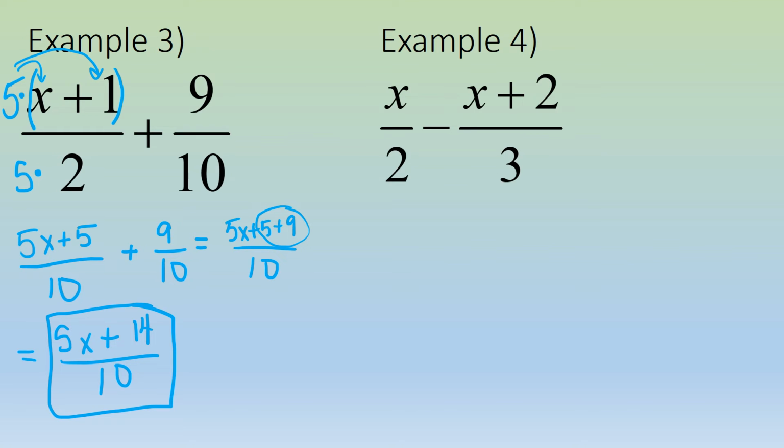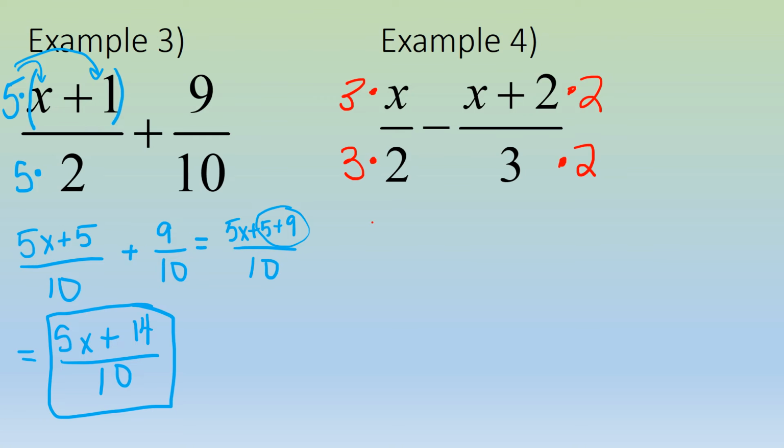Example number 4. 2 times something to get to 3? That's going to be rough. Or 3 times something to get to 2? That's going to be rough. So we're going to have to multiply both fractions by the opposite denominator so that we can get a common denominator of 6. So we have 3 times 2 to get to 6 and 3 times 2 to get to 6 on the right.